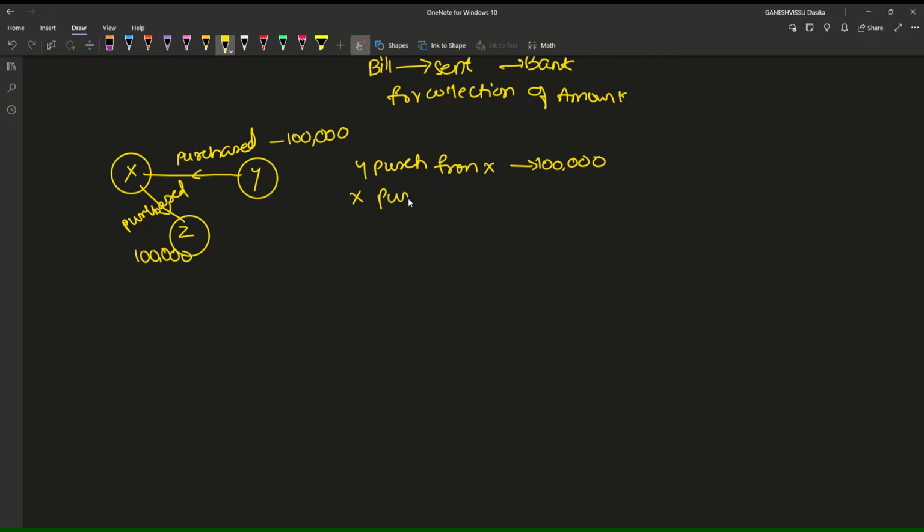X purchased from Z for rupees 1 lakh, right? Implies Y is liable to X by rupees 1 lakh. Let me say this is 1,20,000 here.